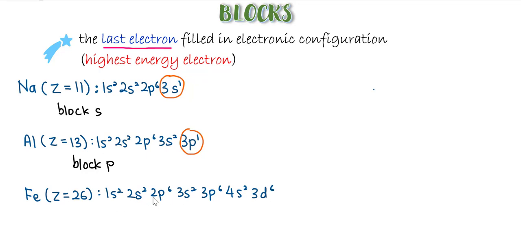So we have 26 electrons here. Since the last electron is filled in the 3d subshell, this makes iron in block D. So this is how we identify the block of each element. Just have a look at the last electron that we put in the electronic configuration.